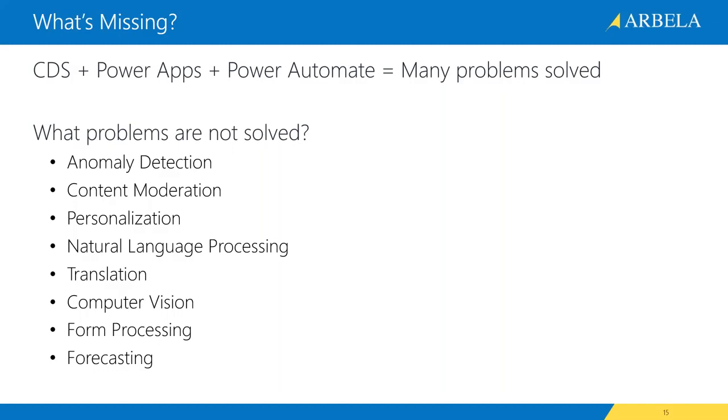And the common thread between these problems that really isn't addressed by the powers of Power Apps, Power Automate and the CDS is that these are the type of problems where a person can't simply write out the logic in order to answer these types of questions.